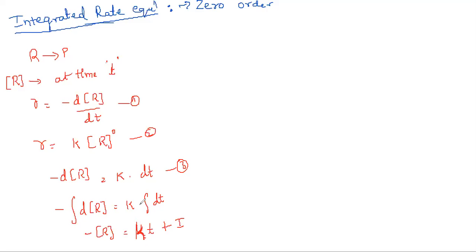Therefore [R] is equal to minus kt plus I. Since it is a zero order reaction, at time t is equal to 0, if you put t as 0 here, you will get [R] is equal to I. Therefore this is at [R]0, since t is 0, [R]0 is equal to I.